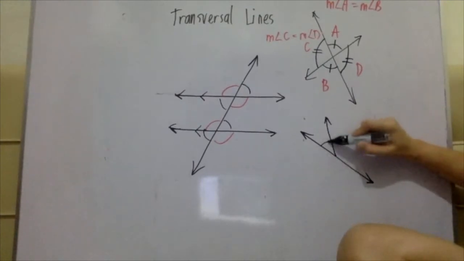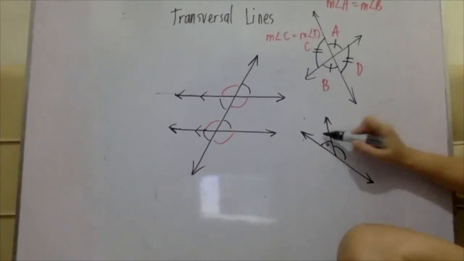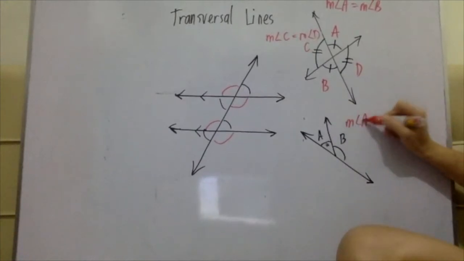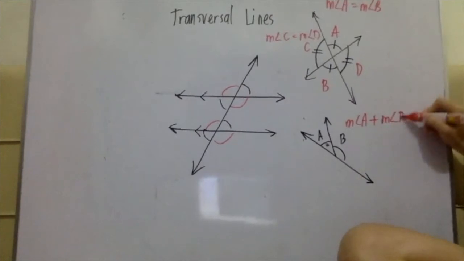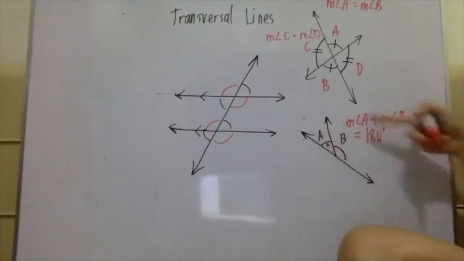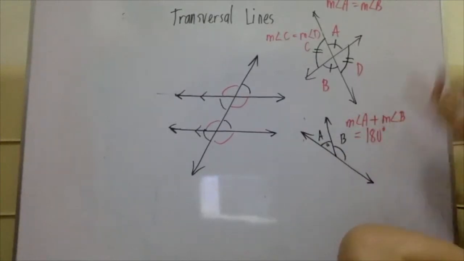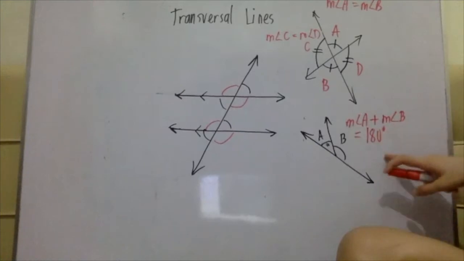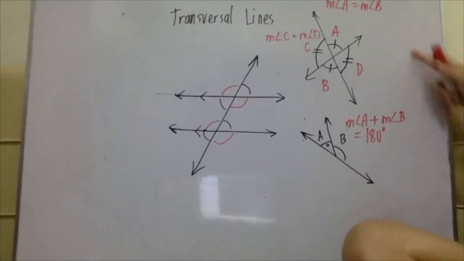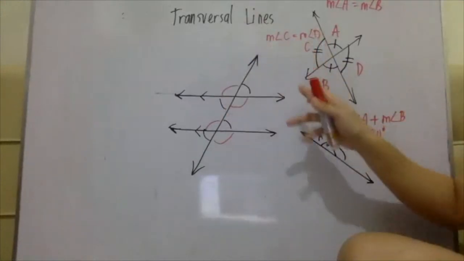Linear pair is kapag meron kang dalawang angles, let's say angle A and angle B, and yung sum ng angles mo ay equal to 180 degrees. Okay? Linear pair kapag adjacent sila. Linear pairs are also supplementary angles. Okay? Pero hindi lahat ng supplementary angles ay linear pairs. Nakapanood kayo ng previous na lecture. Okay, so itong dalawang concept lang yung basis ng lesson on a transversal line intersecting two parallel lines.